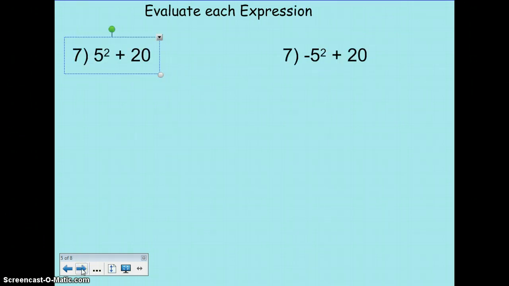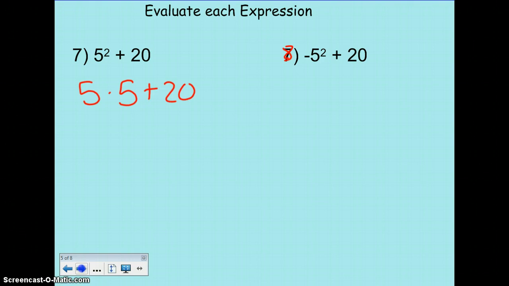In our next two problems, they look fairly similar. However, I want to write them out in expanded notation. This one should be number 8. Write them out in expanded notation, and then have you see if you can see the difference. So we have 5 times 5 plus 20, and in this other problem we have the opposite of 5 times 5 plus 20.